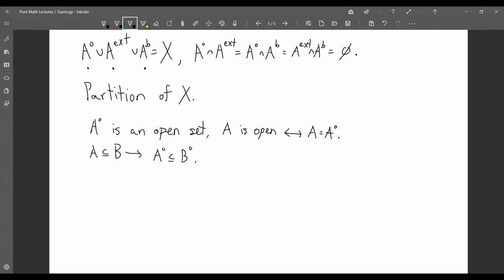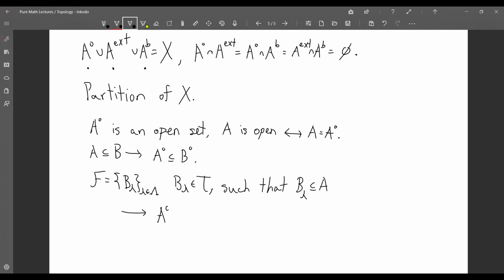If we let F be the family of open sets B sub lambda, so each B sub lambda is open, so it's in T, such that B sub lambda is contained in A, then the interior is going to be the union of all of these sets.